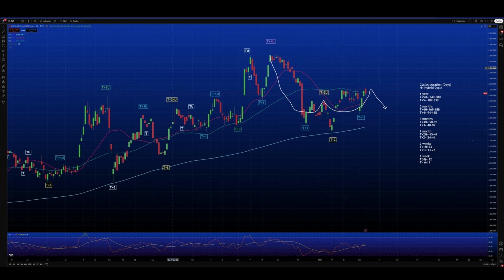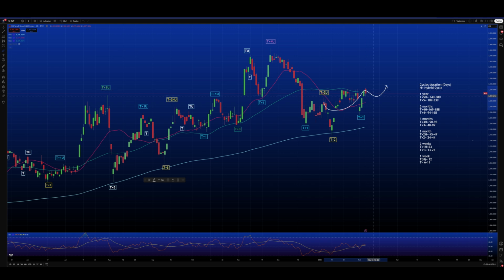What can happen? So in terms of probability, what can happen is that here we have a T plus 1. So we might have some days of retracement and then return back to this top at least. So next week will be as well like the others.